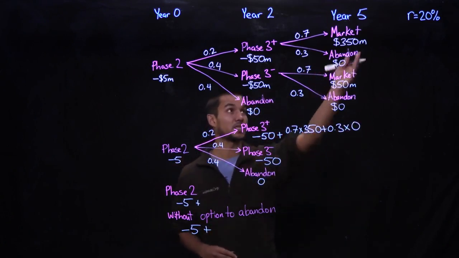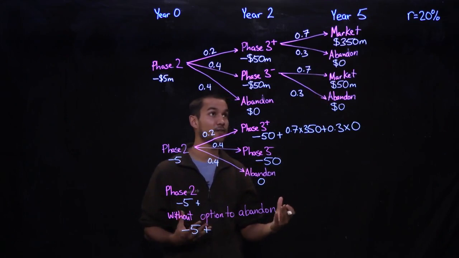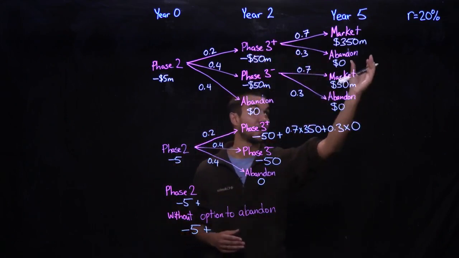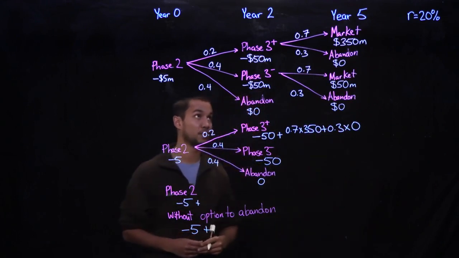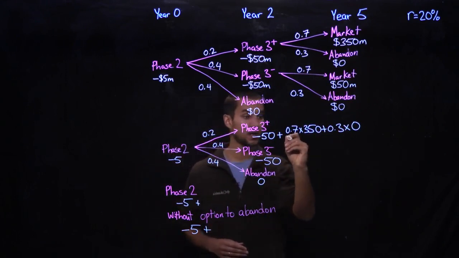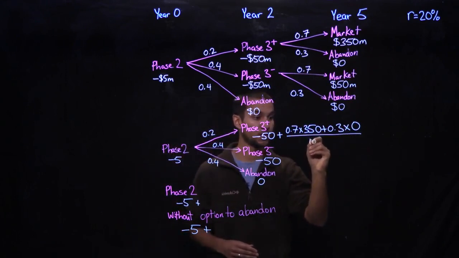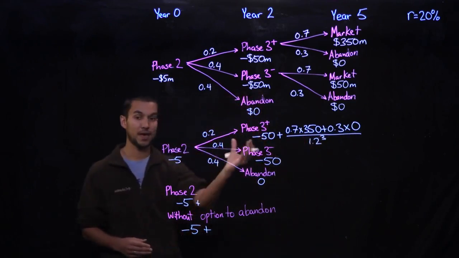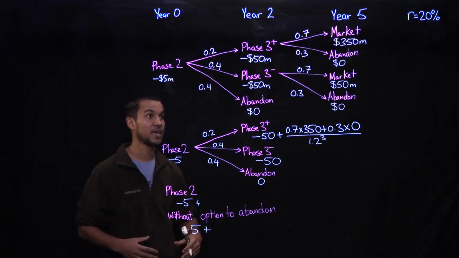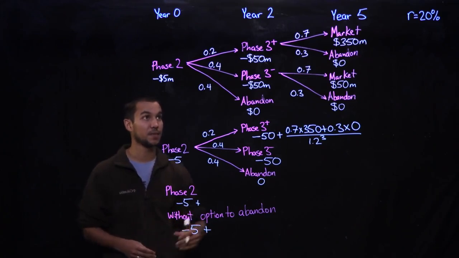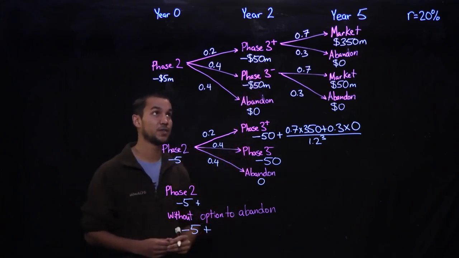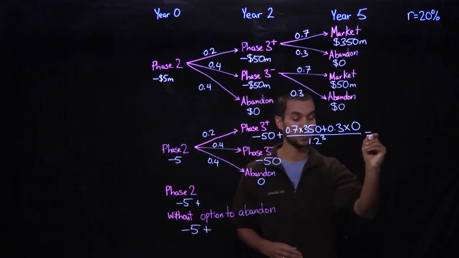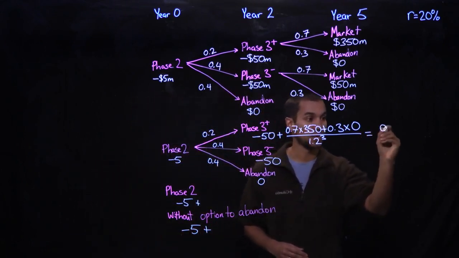And so that's going to be the expected cash flow in year 5, and we're going to have to discount that back to year 2 at a discount rate of 20% per year. So we divide by 1.2 to the 3. And when we evaluate that expression, we see that the expected NPV of proceeding with the phase 3 clinical trial in this scenario is going to be equal to $91.8 million.